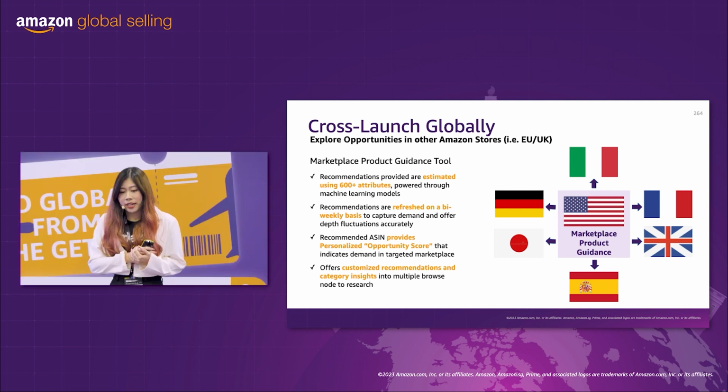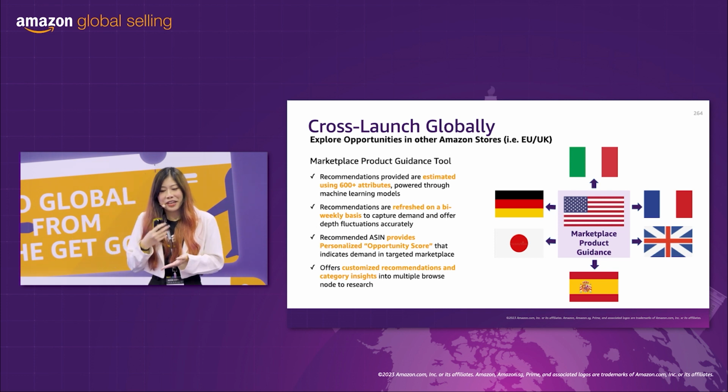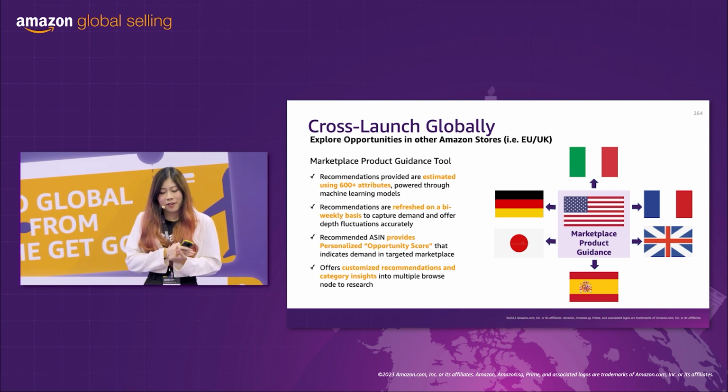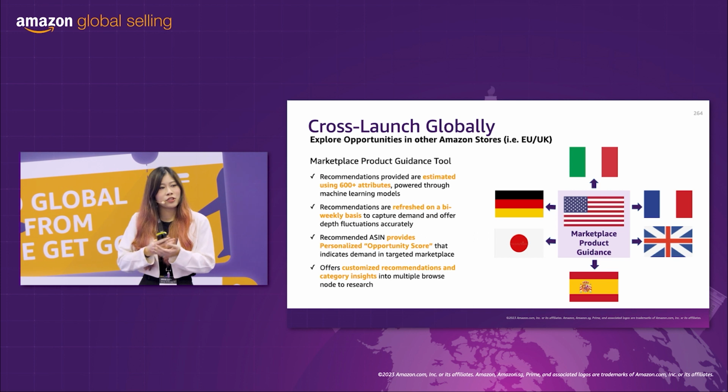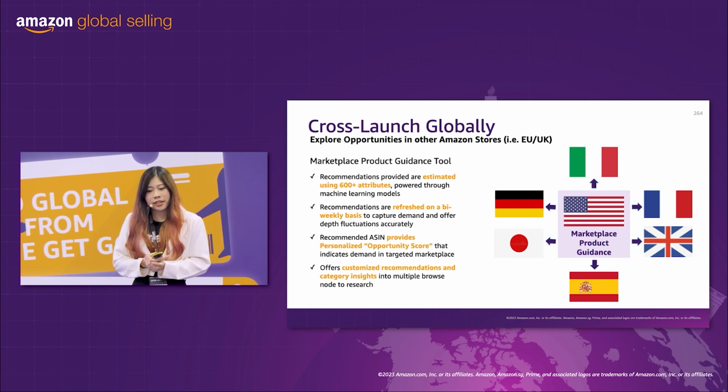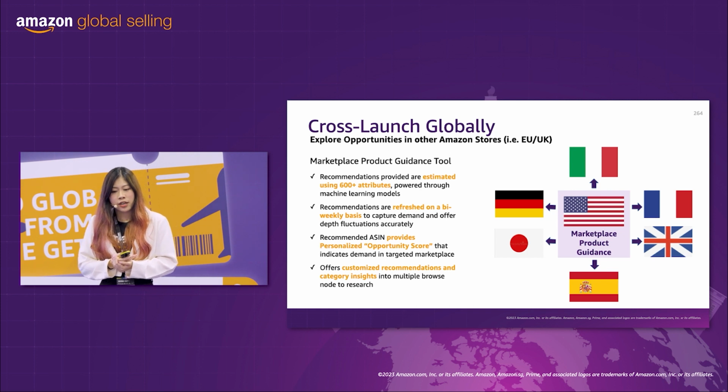Then the next one would be the ASIN sold currently must have a demand in the targeted store that you want to sell in. So that one will be populated internally by Amazon, then we'll let you know. Then the second one, the ASIN should be FBA active, which I believe most of you should be on FBA. And the third one, just need to take note that the recommendations won't be available for certain product categories like groceries.